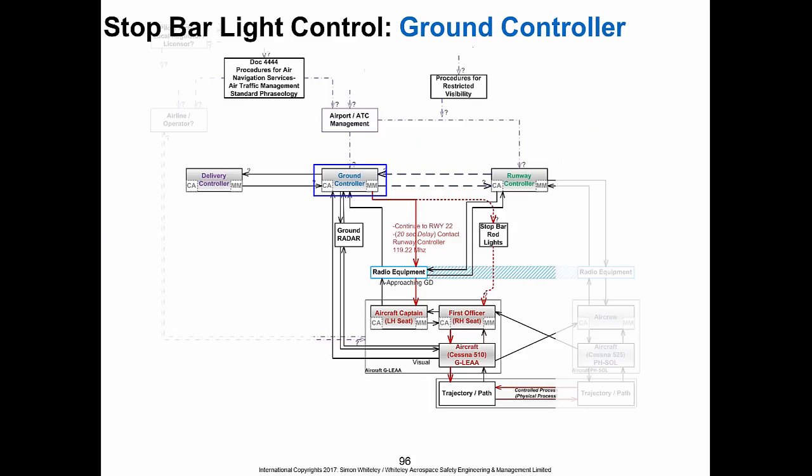And this is why, and you might like this, and if you do like this, I want you to give me some feedback. So this is the control structure, and all I've done is added a couple of interactions between the ground controller, the stop bar lights, and the first officer, because obviously that person is looking out the windscreen and they should see the red lights.